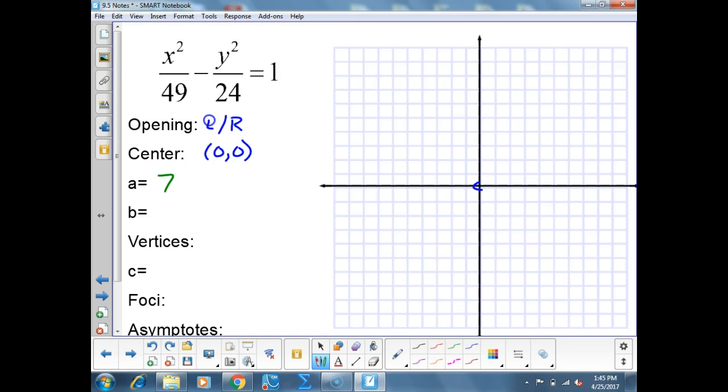Okay. 2, 4, 6, 7. b value. 2 square root of 6. What? 4.9. I like 2 square root of 6 better, but it is 4.9. Okay. 2, 4.9. Draw in the box.